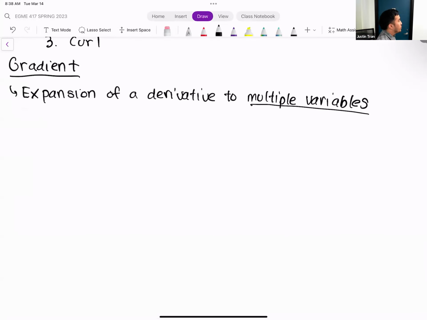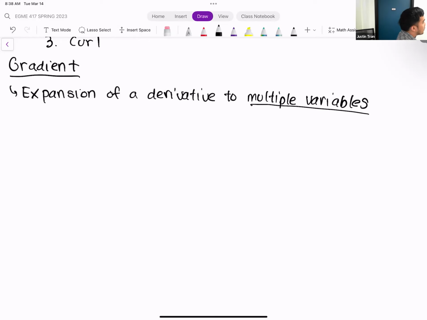Up to this point, when we think of a function, especially our differential equations that we just finished covering, those equations are only functions of a single variable, right? And so when you take the derivative, there's really only one variable that you can take the derivative of, which is that single variable.